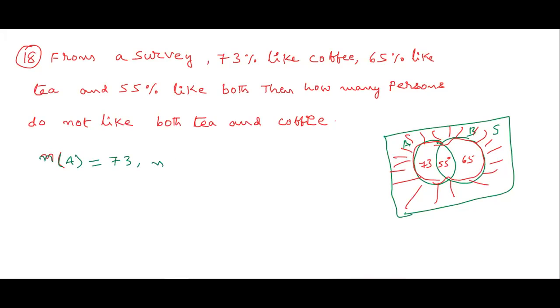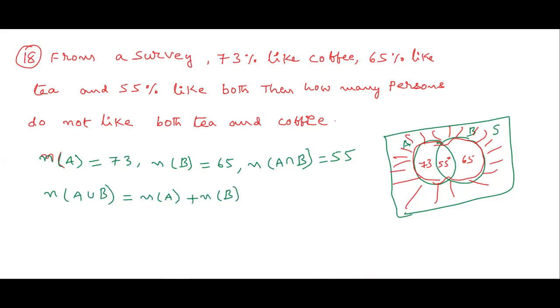N of B, 65%. N of A intersection B, 55%. Now we need to find N of A union B. What is the formula? N of A plus N of B minus N of A intersection B.